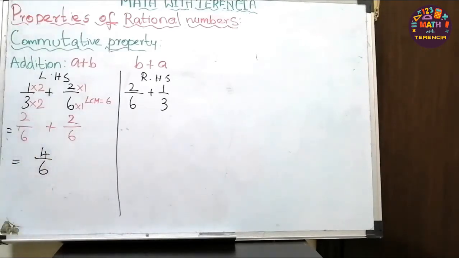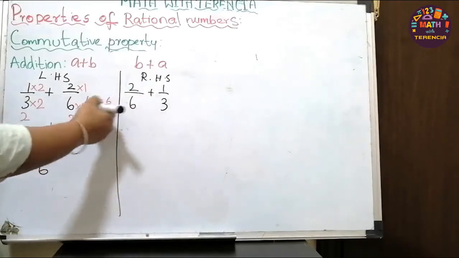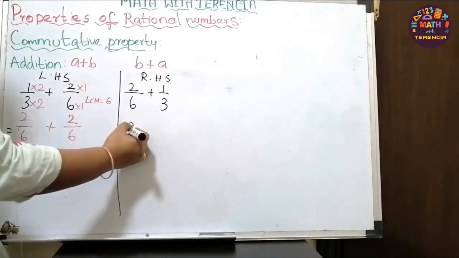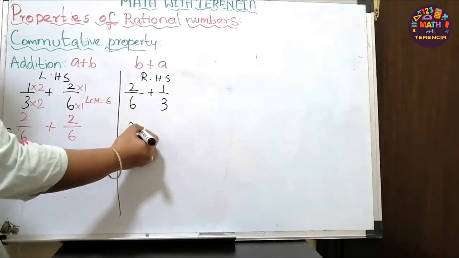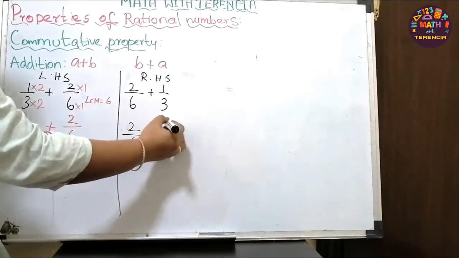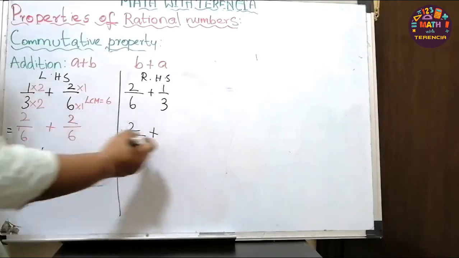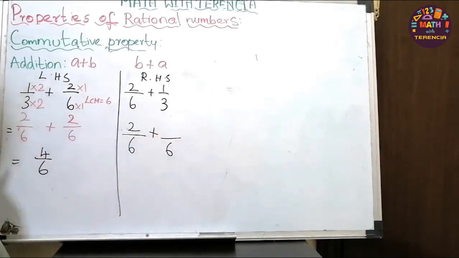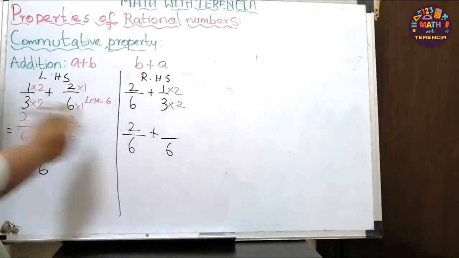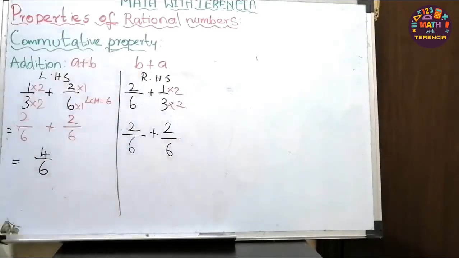4 by 6. Same way, here also the LCM is the same, so I don't want to go with the LCM. So I'll get 2 by 6 plus, I need to change my denominator as 6. So I multiply by 2. It's 2 by 6.